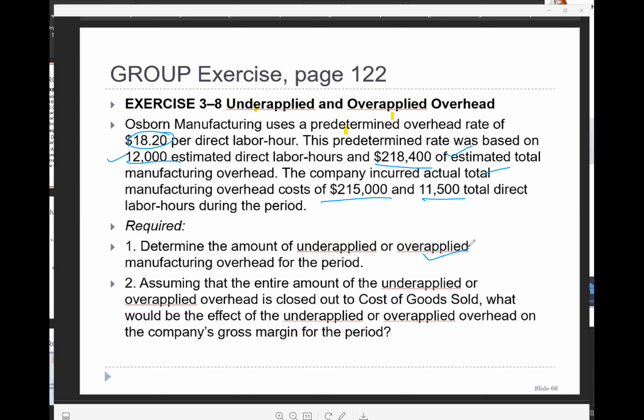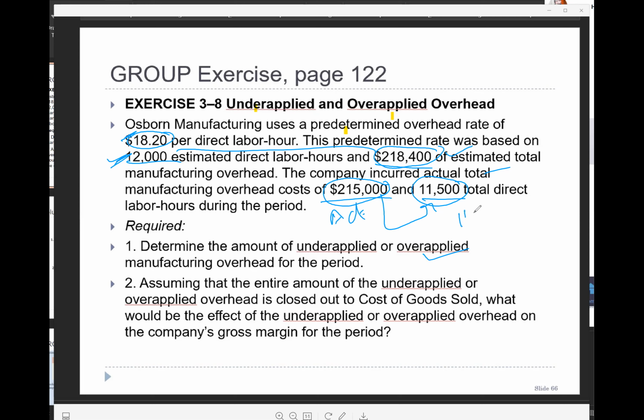So you need to find out whether it is over applied or under applied. So this rate is based on 12,000. It means we cannot compare this cost with this cost. Why? Because this cost is based on 11,500 and this cost is based on 12,000. So we would find out what would be the estimated cost if they had planned 11,500.